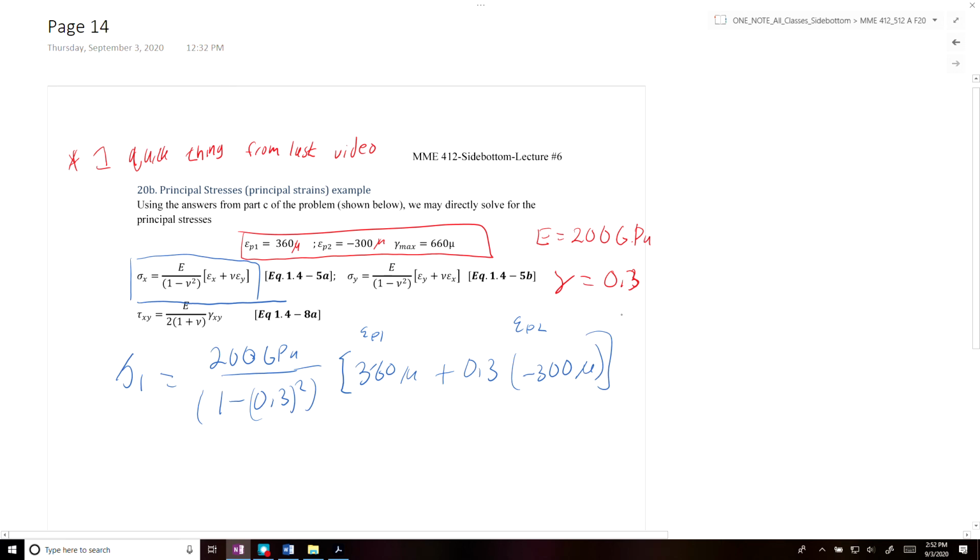If we solve for all those numbers, we get 59.3 megapascals.